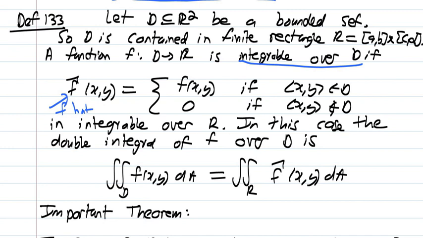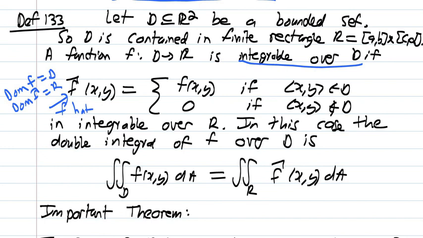So essentially what we're doing here is we extended the function on set D to a new function f hat, which is now a function on set R. Just to make it clear, the domain of f is D, and the domain of f hat is R. And R is a rectangle that contains set D. So if the point is in D, then the value of f hat is the same as the value of f. But if the point is not in D, then the value of f hat is 0.